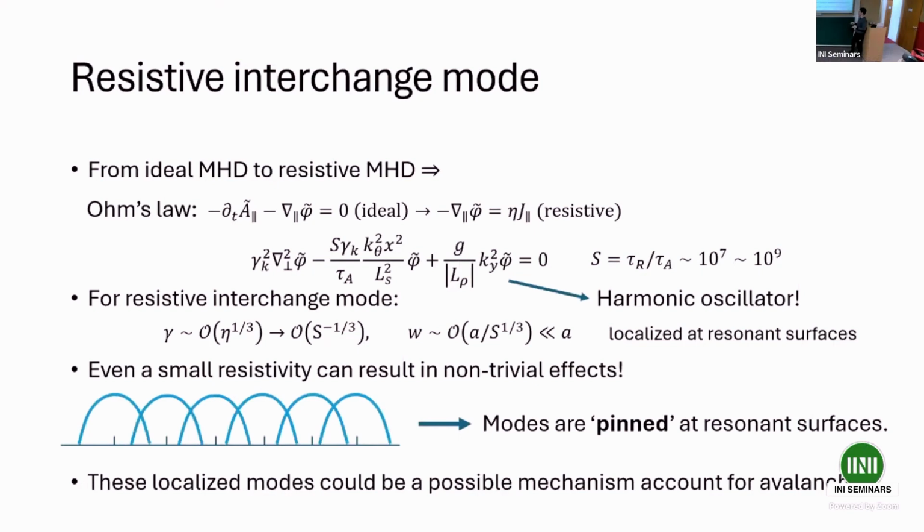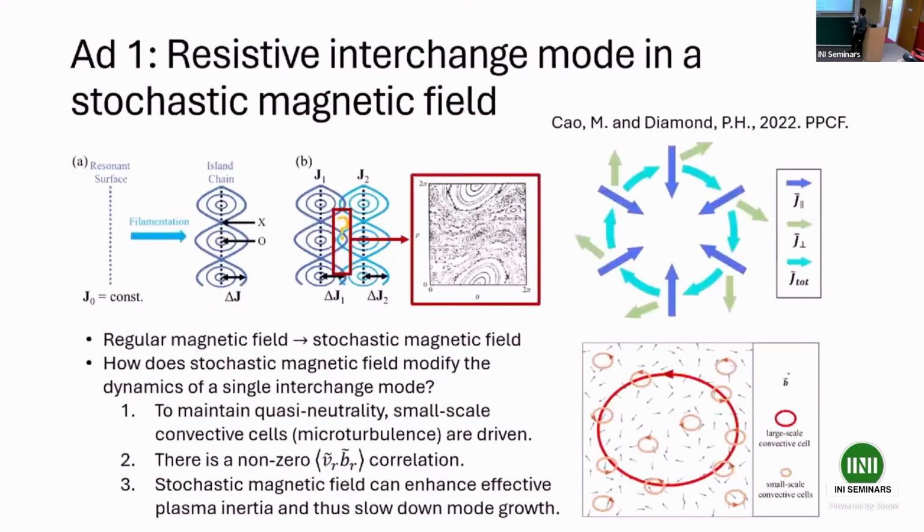I will show later that these localized modes could be an alternative mechanism to account for the avalanche. So here comes the first advertisement. I mean, this is my own work. I study how the stochastic magnetic field affects the resistive interchange mode. In my previous introduction, the magnetic field is regular and smooth.